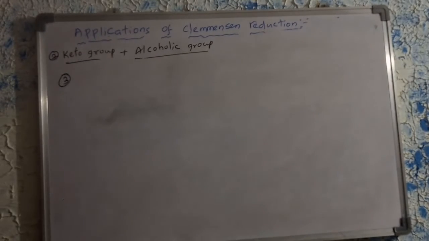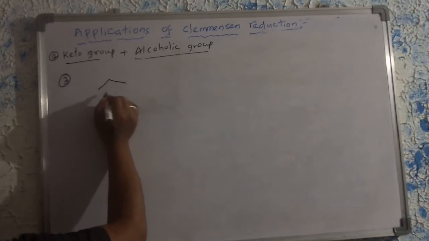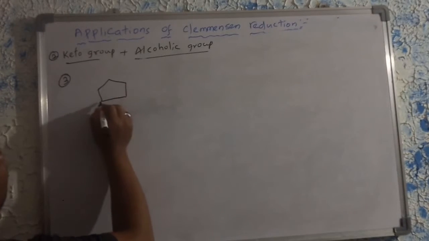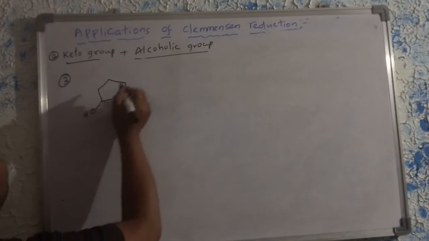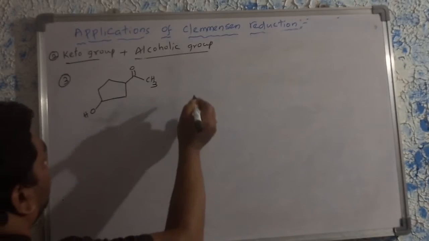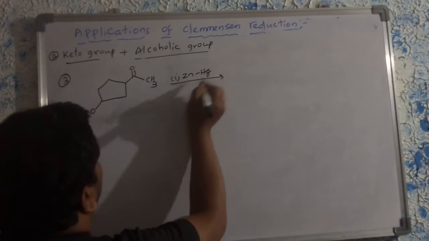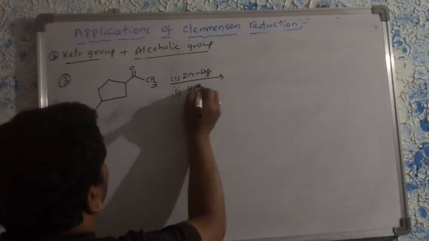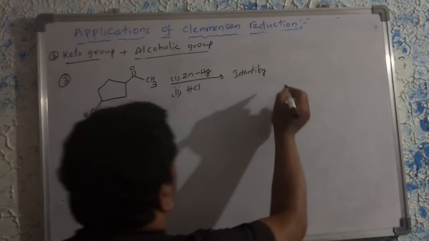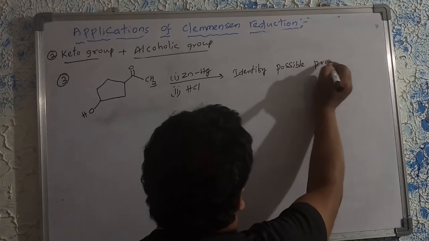We will see the third example. This is OH, C=O, CH3, reacting with zinc amalgam HCl. Identify the possible product.